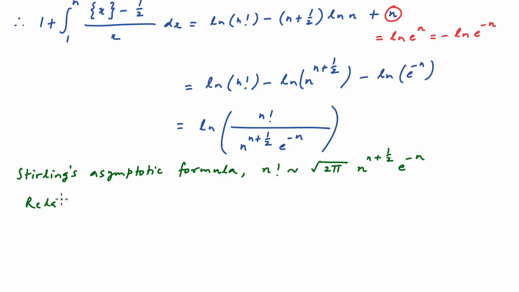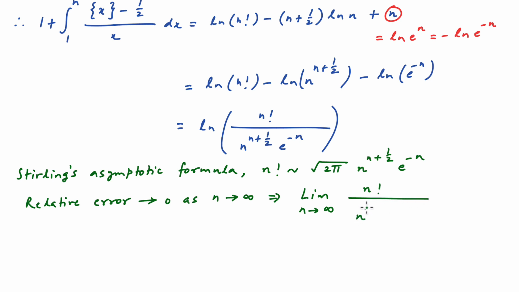It is also known that the error from this approximation tends to 0 as n tends to infinity. In other words, the limit n tending to infinity, n factorial divided by n raised to the power n plus half times e raised to the power minus n is equal to root 2 pi.